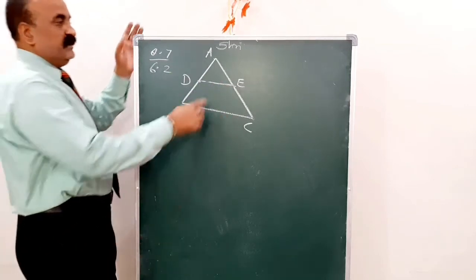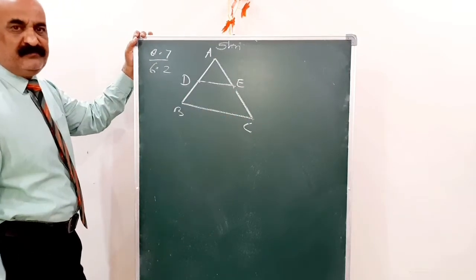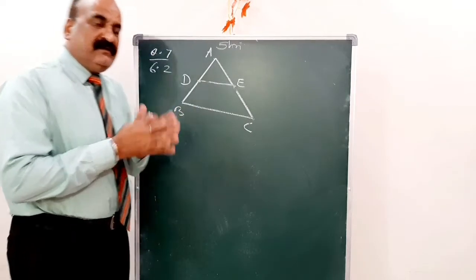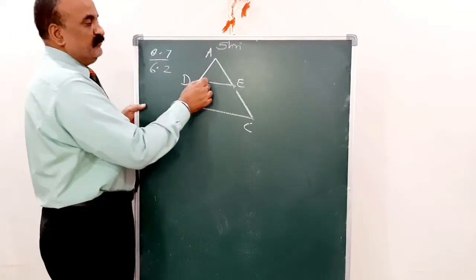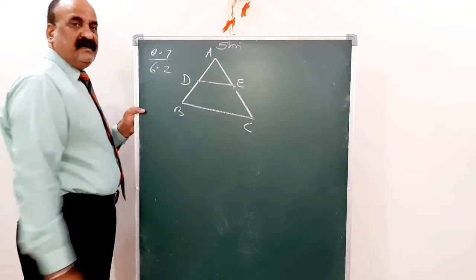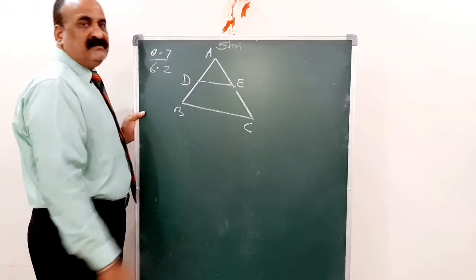It means you have to show that E is the midpoint of AC. What you studied in the midpoint theorem last year: the line segment joining the midpoint of two sides of a triangle is parallel to the third side and half of it. But now you have to prove it by the Thales theorem.